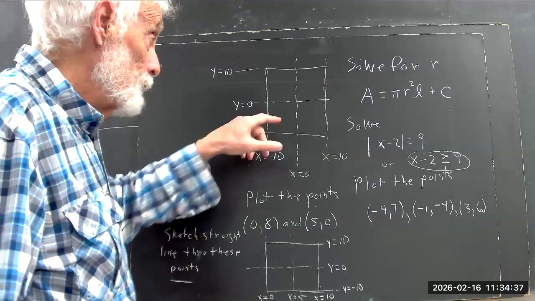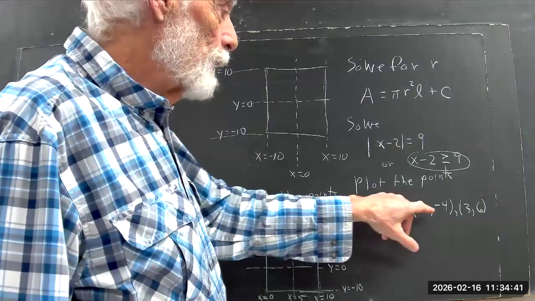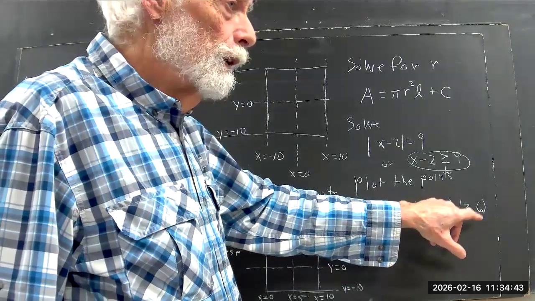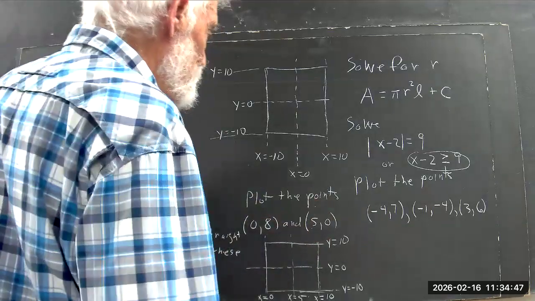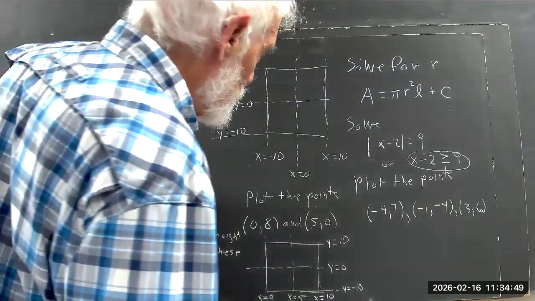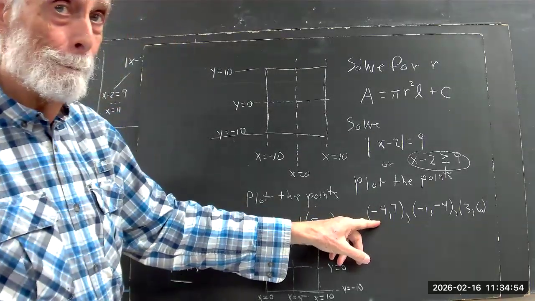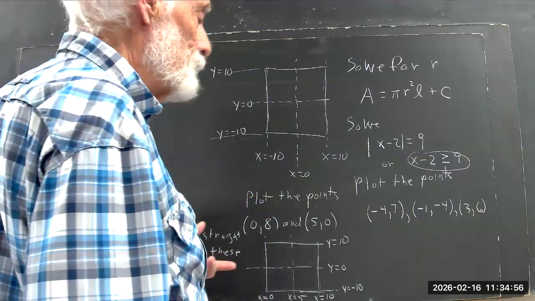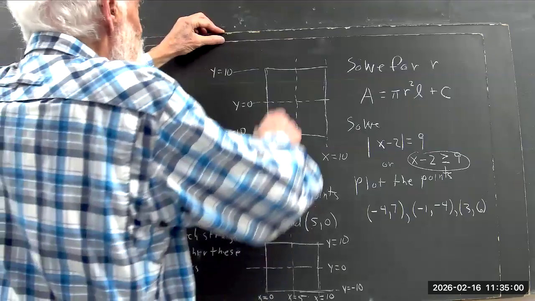Okay, in any case, I've got this grid. I want to plot the points (-4, 7), (-1, -4), and (3, 6). Well, the point (-4, 7), I'm going to say, let's find the line x equals -4. It's not totally necessary to do this, but it's helpful.